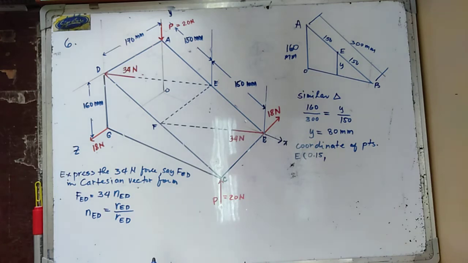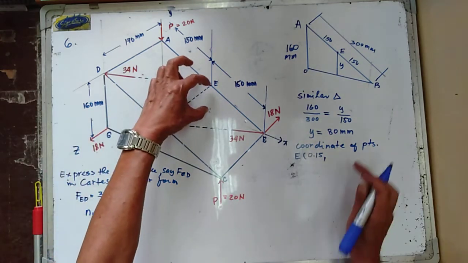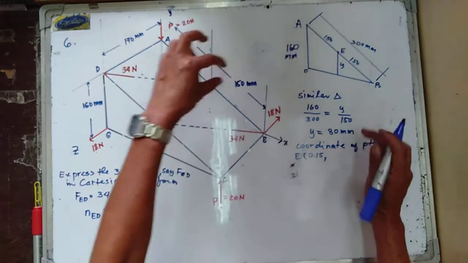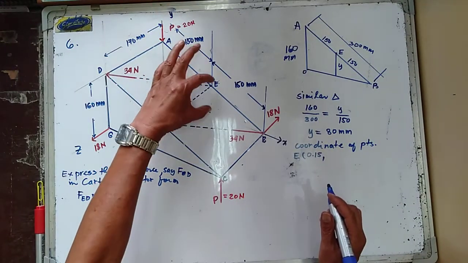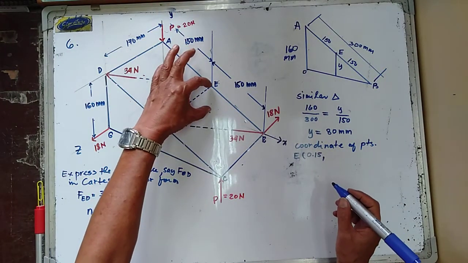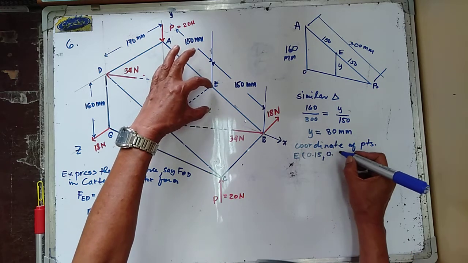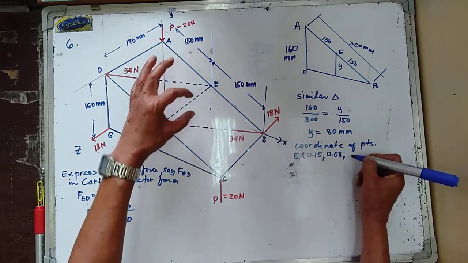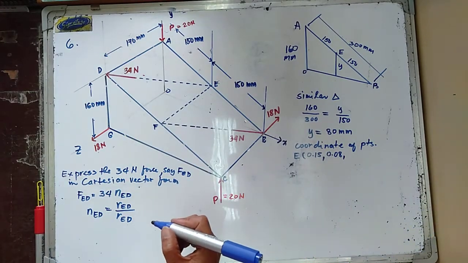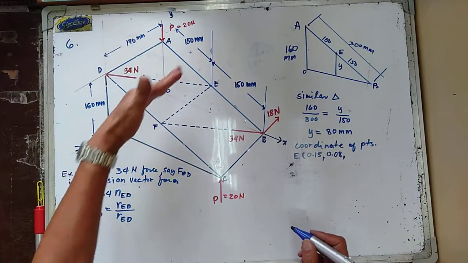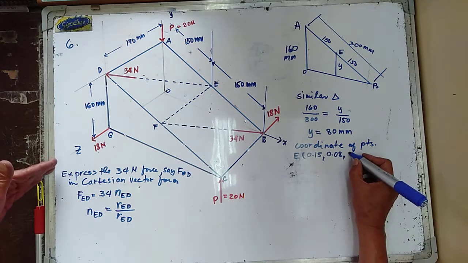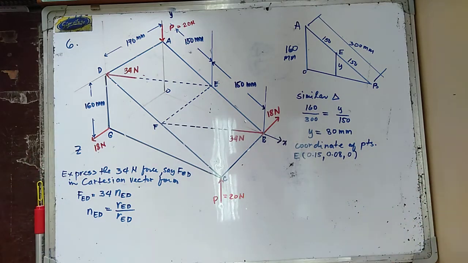The y coordinate is equal to y, that is 80 mm, and therefore 0.08 meter. And the z coordinate is equal to 0.